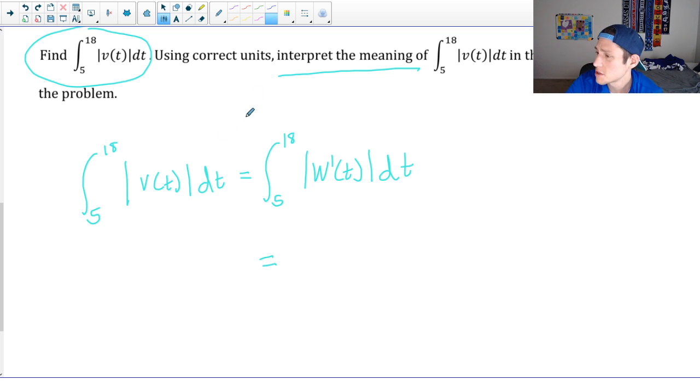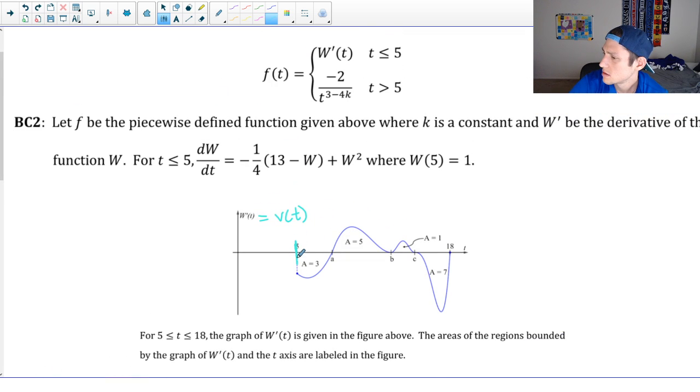Okay, so let's just look from 5 to 18 and add up the areas without considering negative. So 3, instead of -3, it's just +3. +5, that's already positive. +1, already positive. And instead of thinking about this as -7, we're just going to think about it as +7. So adding that all up, I would get 16.